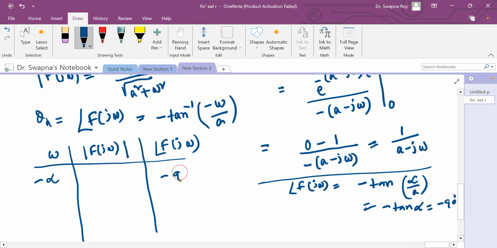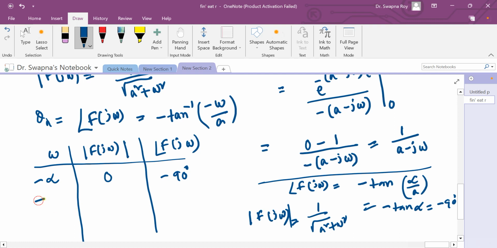And the magnitude of F(j omega), when omega is equal to infinity, is equal to 1 by root of a square plus omega square. So this part is 1 by infinity, so that is 0.